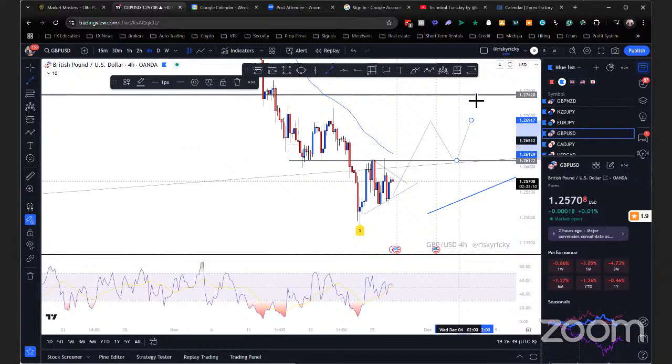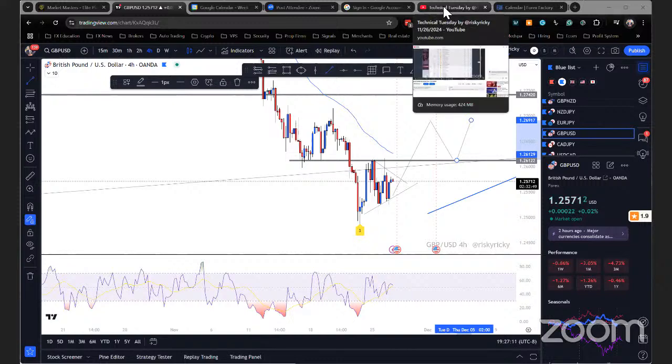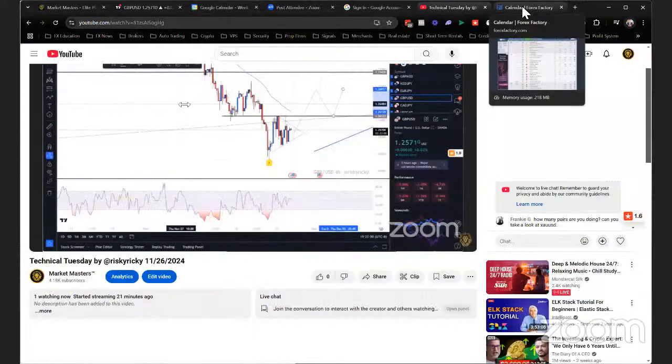So see the chat here. Is that a custom divergence indicator? Are you referring to the RSI? Let me know if you're referring to the RSI there.